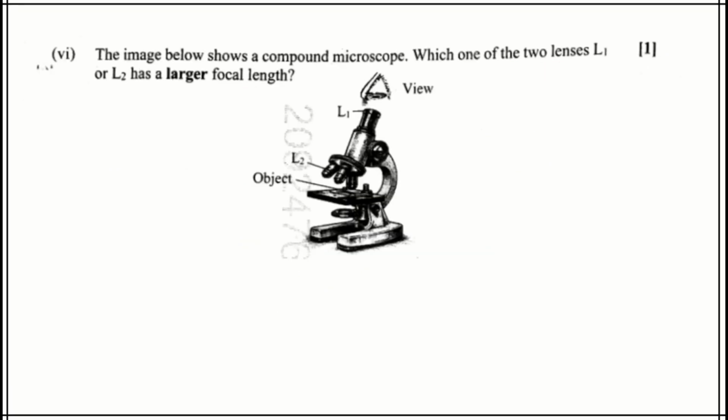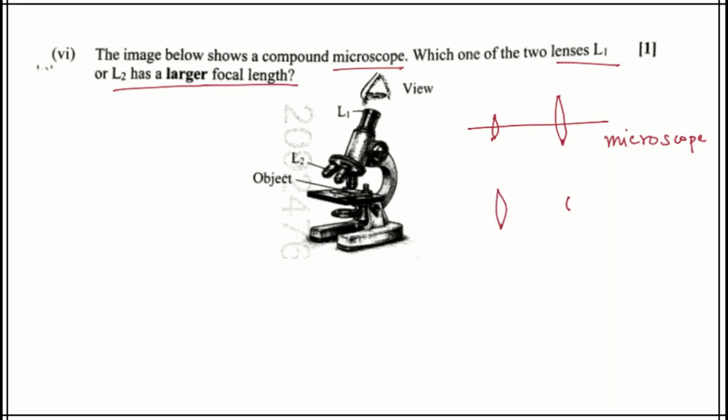Next. Question number 6. The image below shows a compound microscope. Which one of the two lenses, L1 and L2, has the larger focal length? For a compound microscope, we know that the objective lens is smaller than the eyepiece, and for a telescope the objective lens is bigger than the eyepiece.